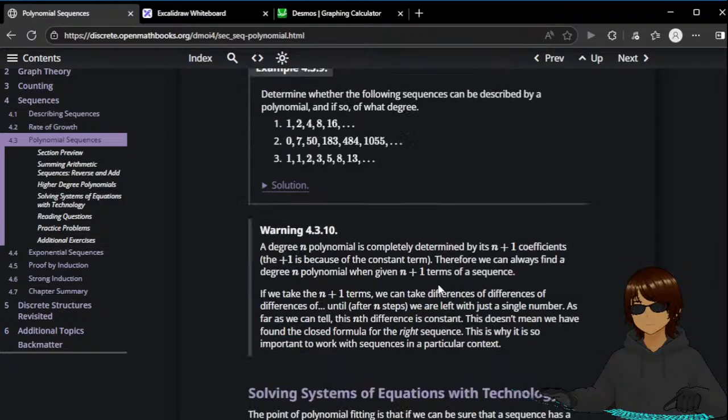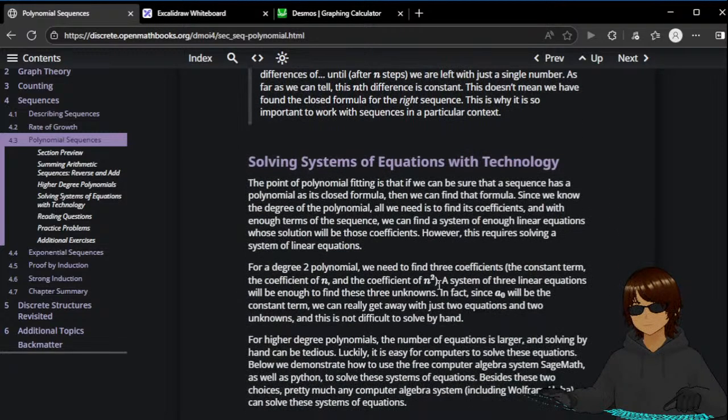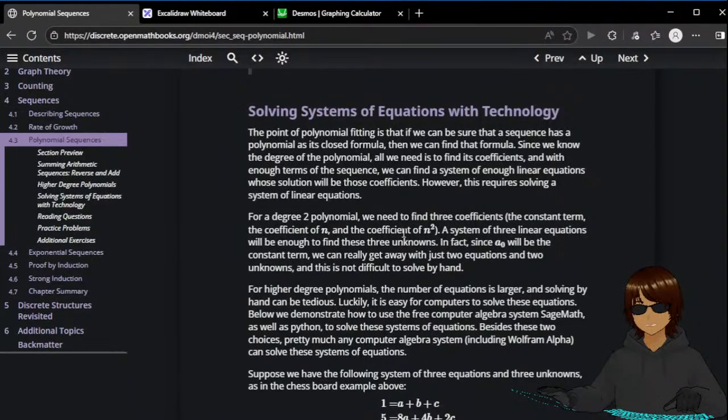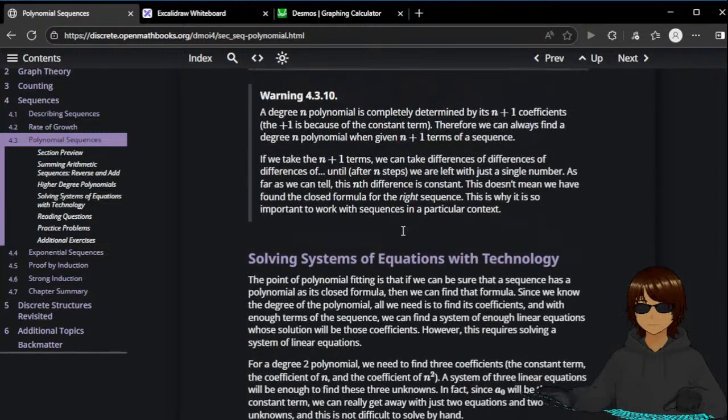Okay, never mind. The point of polynomial fitting is that if we can be sure that a sequence has a polynomial as its closed formula, then we can find that formula.